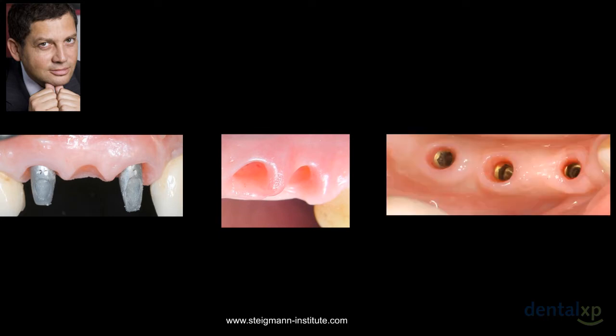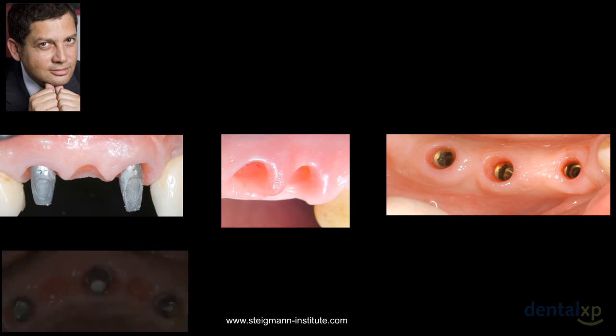When we have multiple adjacent implants, it's much easier to have good width of keratinized gingiva, but you can see in the third picture, especially in the posterior, that the interproximal papilla is difficult to achieve after the patient was edentulous for a couple of years.